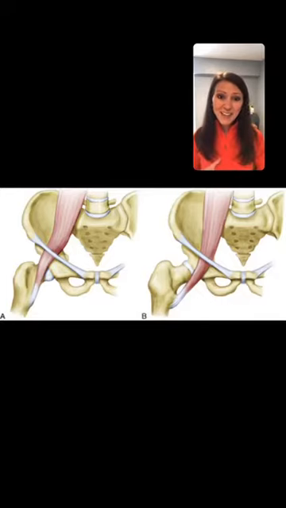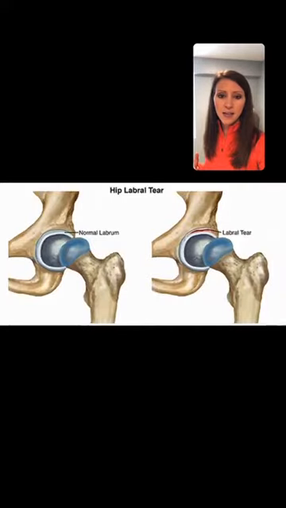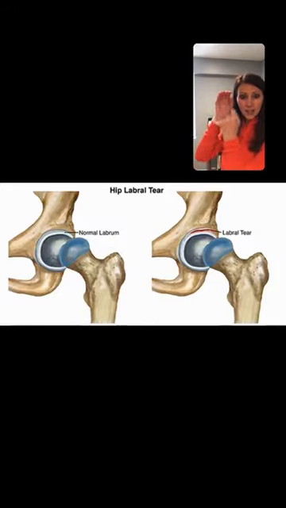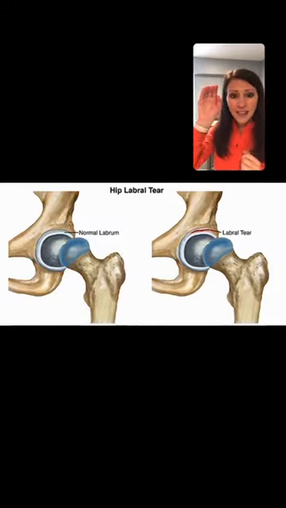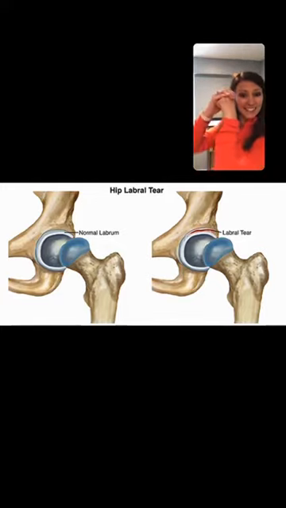There's another way that you can get snapping in the hip, and that's through the labrum. Many of you may be familiar with the labrum. The labrum is a ring-like cartilage around the rim of the acetabulum in the pelvis, and it is where the femoral head sucks into the pelvis.